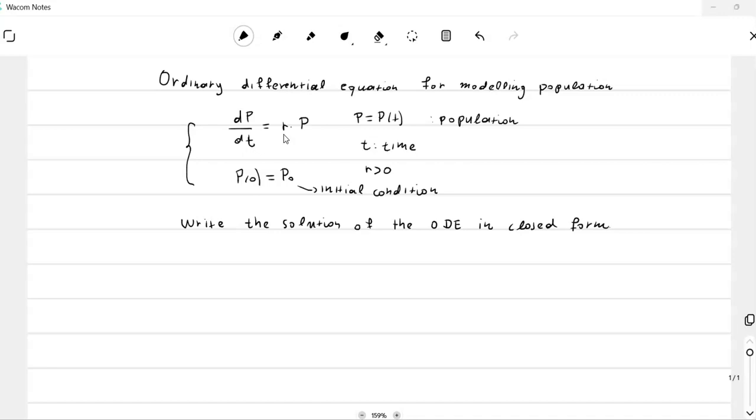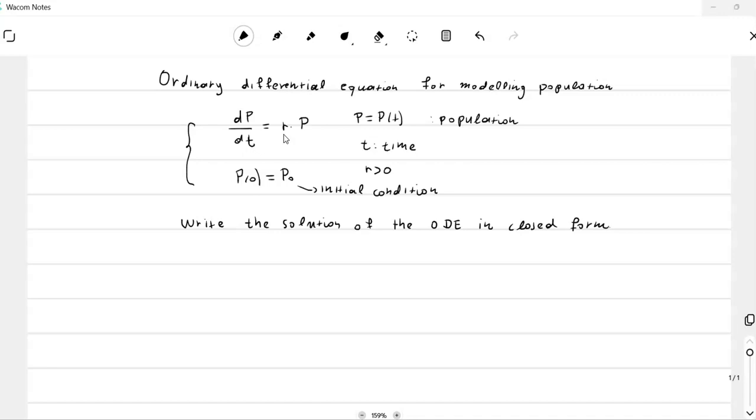And this is the initial condition. So for t equals 0, then we have a value p0, which satisfies this initial condition. What we would like to do is to write the solution of this ODE, of this initial value problem, in closed form.